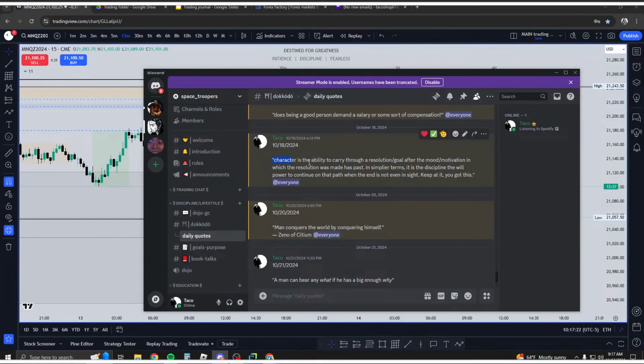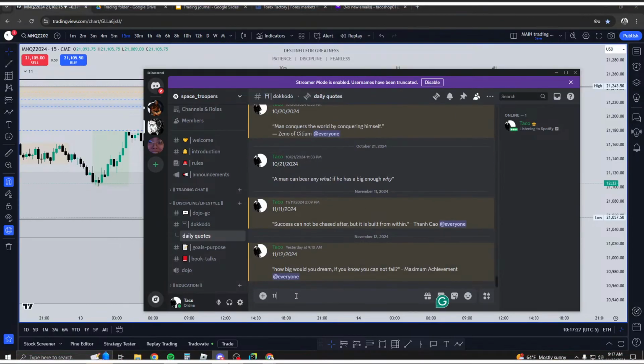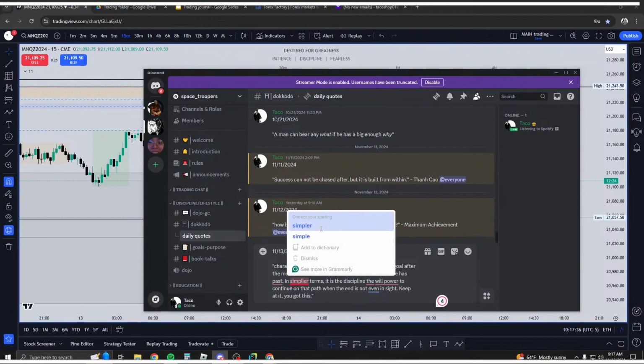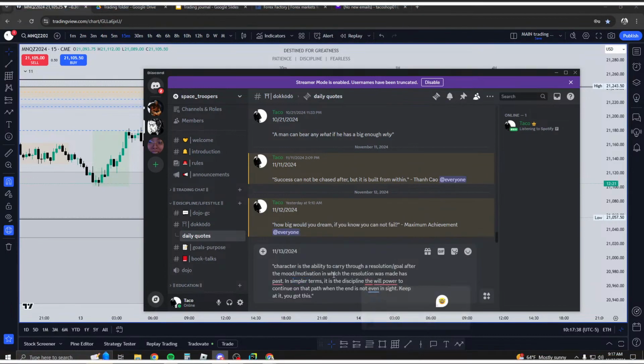So I actually want to use that quote again for today. I feel like it's something that should be remembered. In simpler terms, it is the discipline and the willpower to continue on that path when the end is not even in sight.